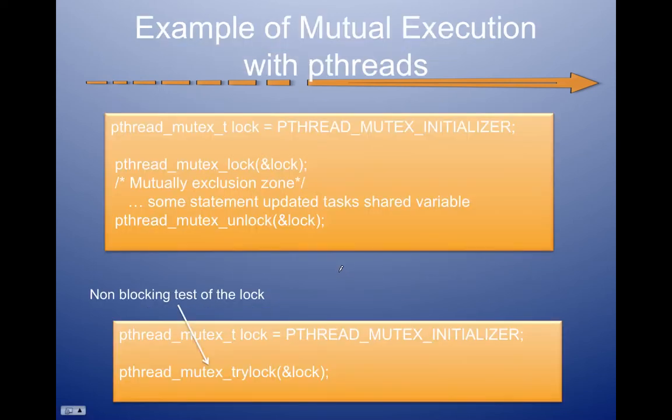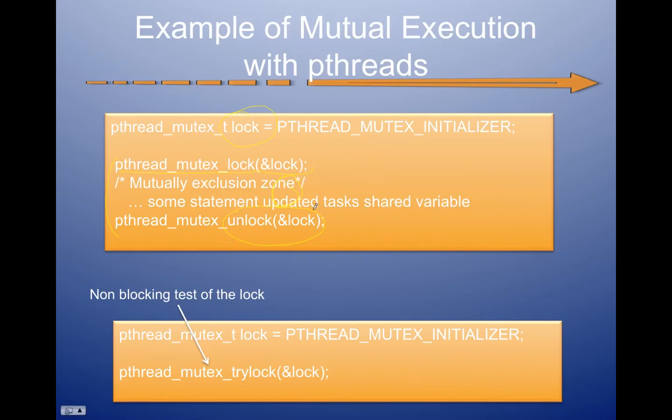Let's look at how mutual exclusion can be implemented using pthreads. With pthreads, you create a lock, and when you want to create a critical section, that is a mutual exclusion zone, you will call mutex lock on this lock. If somebody is already executing this code, it will wait here for the one that is already executing the code to unlock the lock.